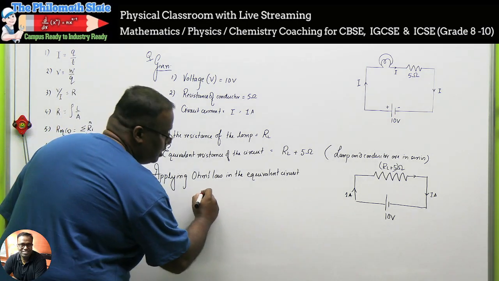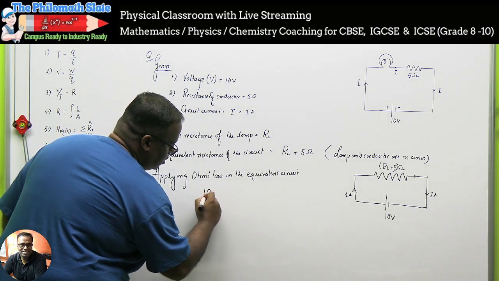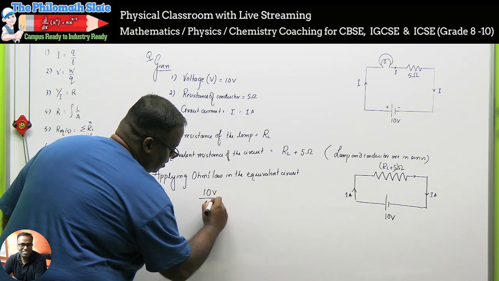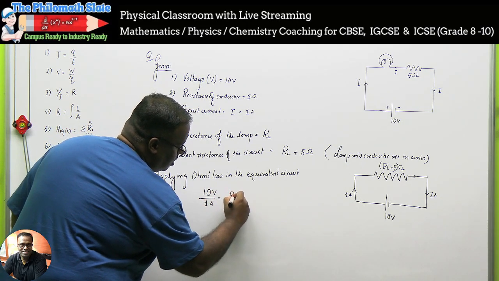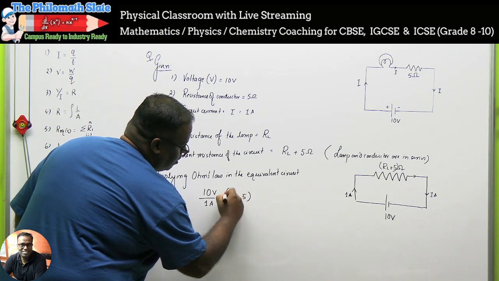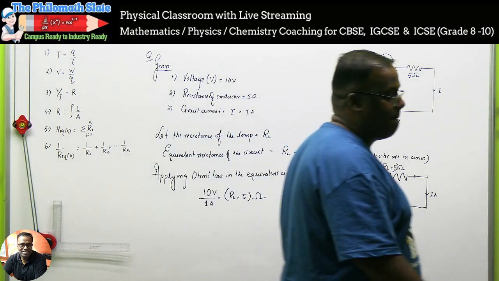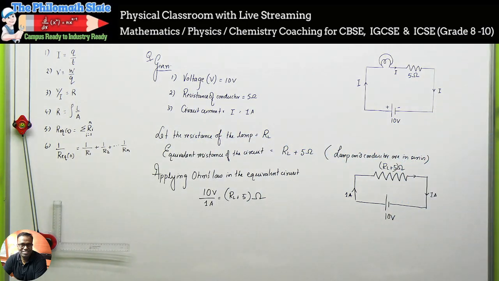So what do we write? 10 volt upon 1 ampere should be equal to RL plus 5 ohm. यहां से आप कीजिए, मैं नहीं करूंगा. समझ में आया? ये सबसे इजी टाइप क्वेश्चन है, लेकिन इसको सबसे पहले हमें क्या करना है, ब्रेक द प्रॉब्लम इनटू अ स्मॉल पार्ट, ब्रिंग इट टू सिंपल सर्किट, सिंपल.